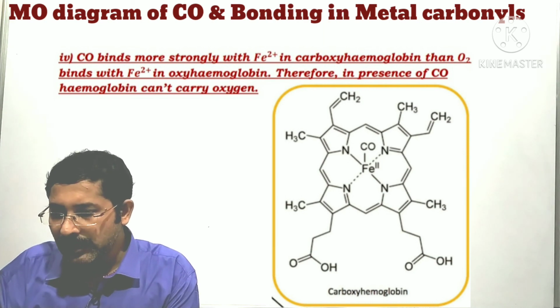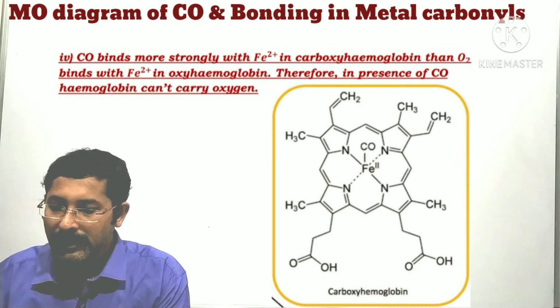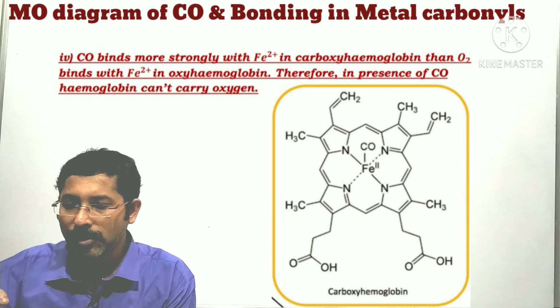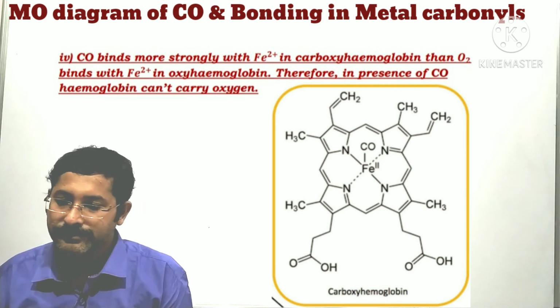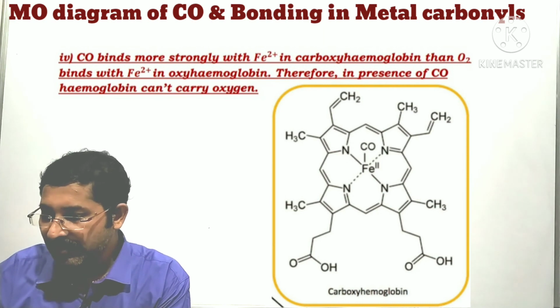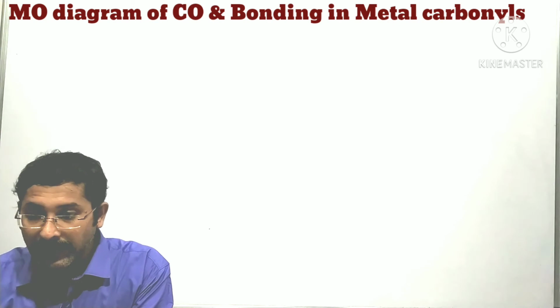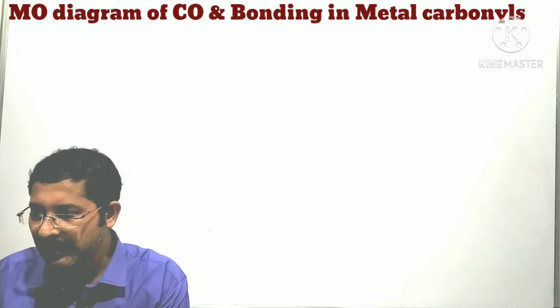So hemoglobin can't carry oxygen in presence of carbon monoxide due to the formation of carboxyhemoglobin, in which there is a strong bond formed between iron and carbon monoxide by the synergic effect. So this is a very important fact. All of them can be explained on the basis of the synergic mechanism.